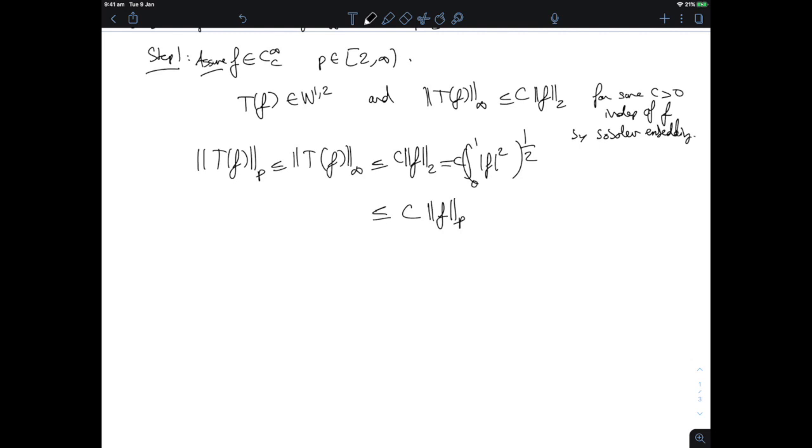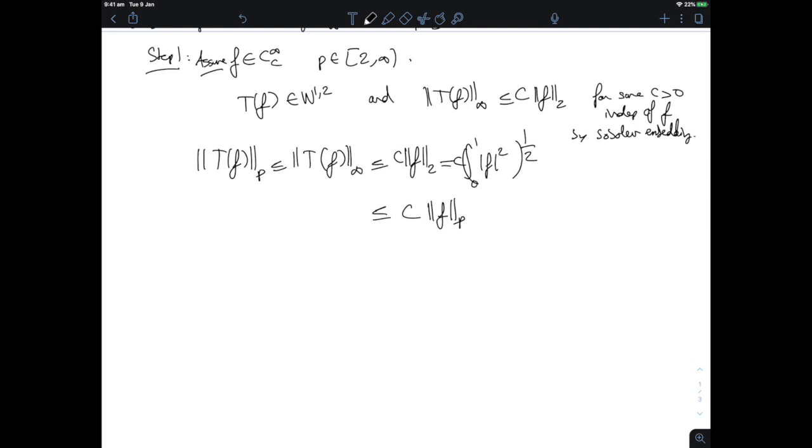Now, the idea is that I want to get a W2P estimate for the norm of T of f in LP, and then I'm going to approximate any f in LP by C infinity compactly supported functions and get a solution in that way.